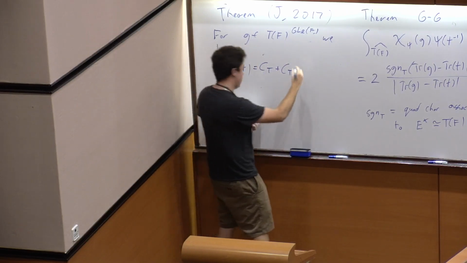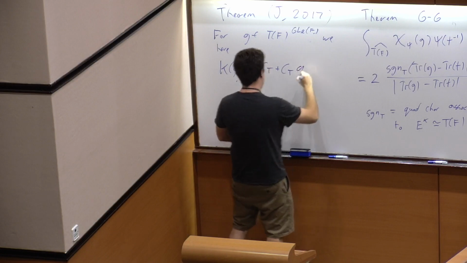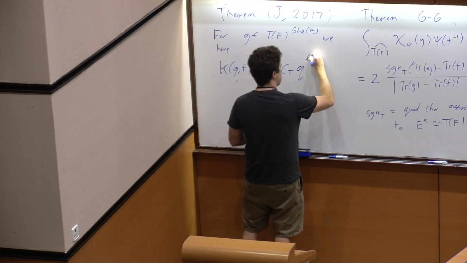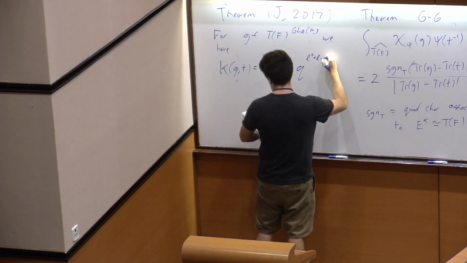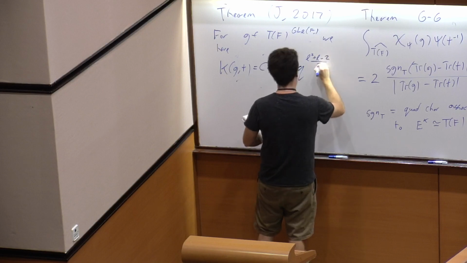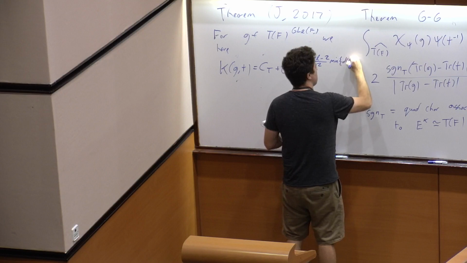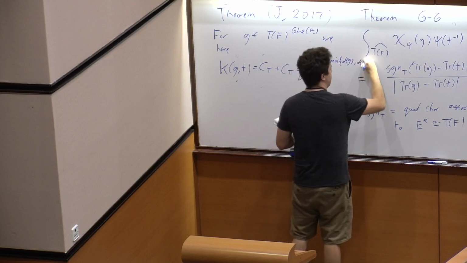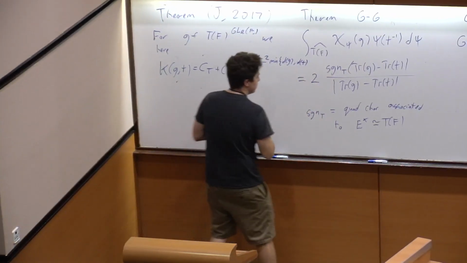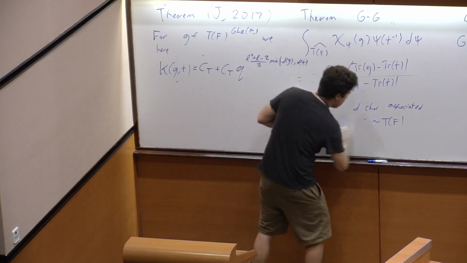There's some constant, and then you multiply that by a power of q times the minimum of the p-adic depths of the elements G and T. Sorry, I'm running out of room here.